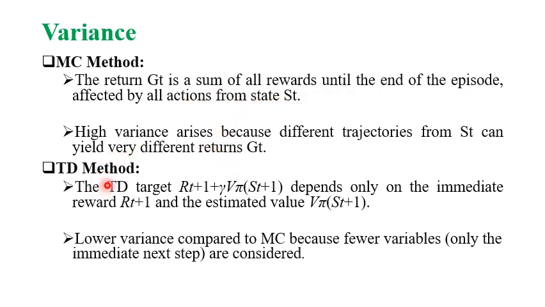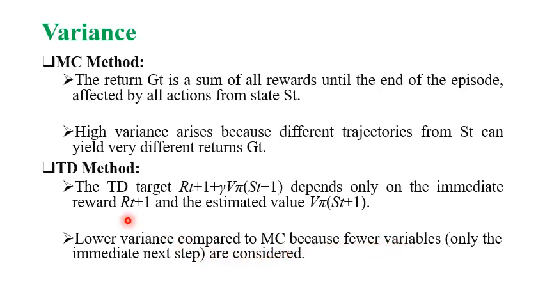But temporal difference method has a lower variance in comparison to Monte Carlo. If you look at this formula, the idea is clear. The TD target only depends on the immediate reward and the estimated value. It's just a function of two variables. Lower variance compared to Monte Carlo because fewer variables are considered.